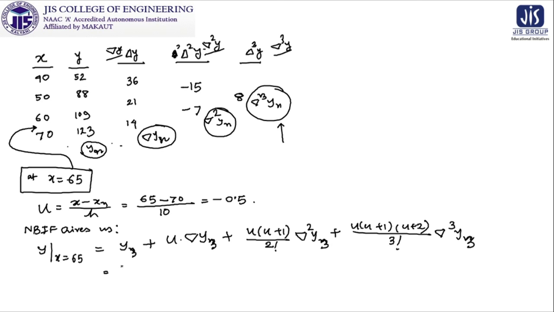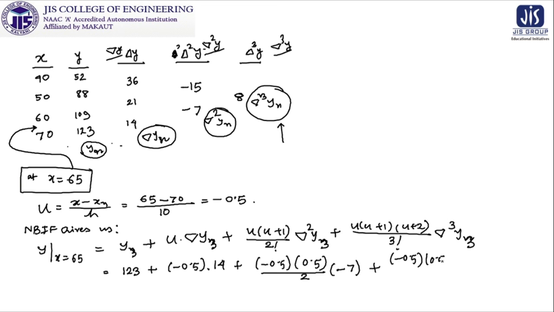So in the next line, now the job is very simple. We just have to put the values from the given table, and u is already calculated. So minus 0.5 into 14 plus minus 0.5 into minus 0.5 plus 1, that is only 0.5, by factorial 2 means 2, into minus 7, then plus minus 0.5, then 0.5, and then 1.5 by 6, and then finally we got the value as 8.